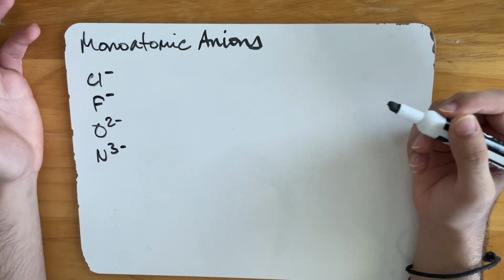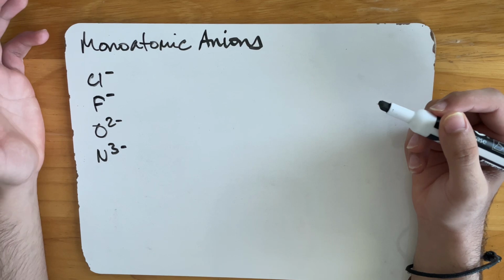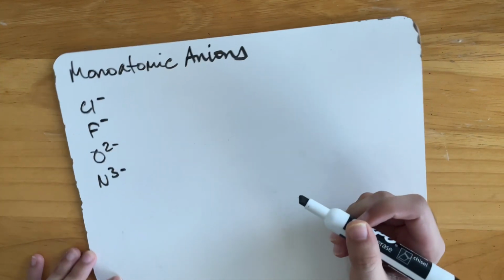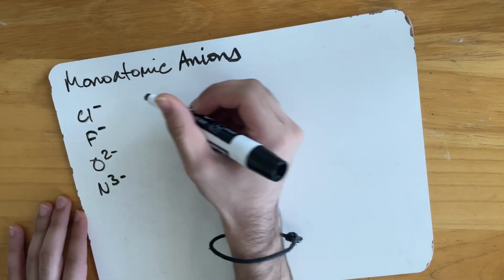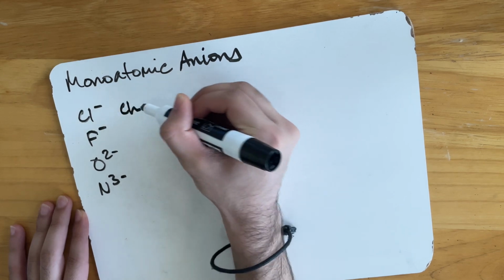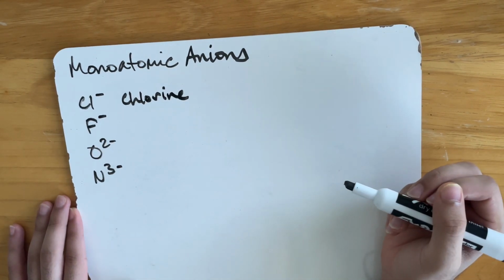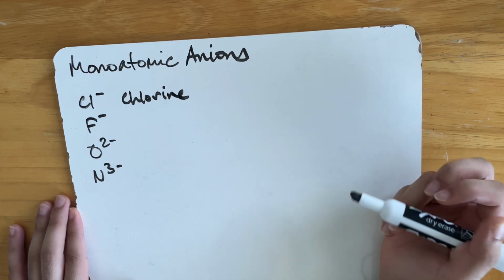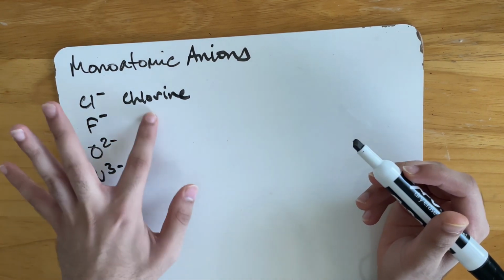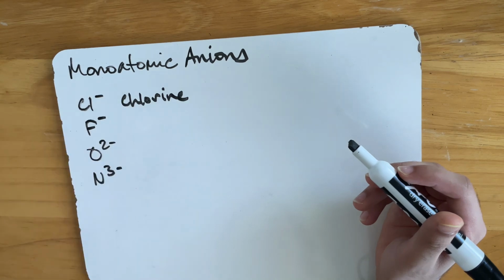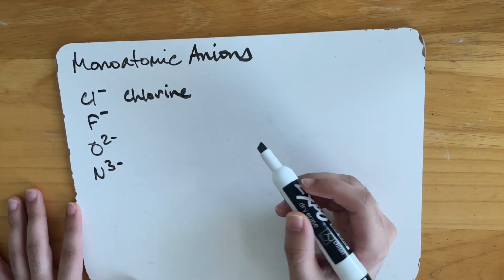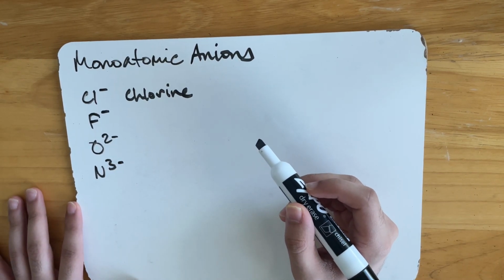Actually, naming monoatomic anions isn't really that hard. What you do is you just take the element name. So for our first case, we take our element name, chlorine, and wipe off any existing endings. Or if you want to think about it differently, take the stem of the element name, and add an "ide" at the end.